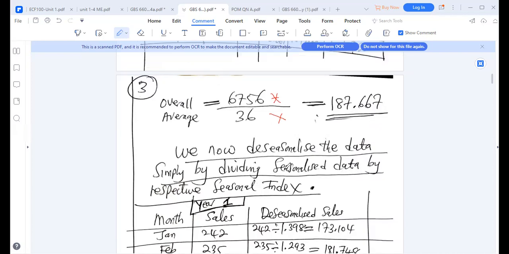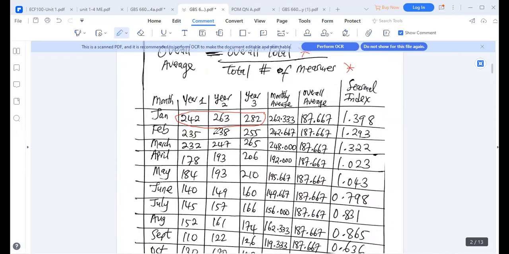These data are called seasonal data, so using the seasonal data we can deseasonalize it. These are the seasonalized values, which are here.